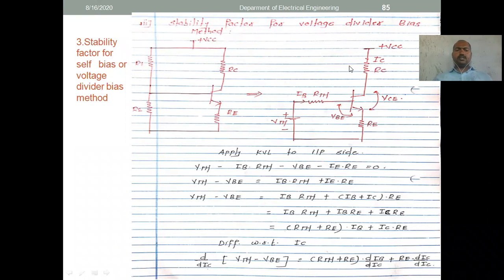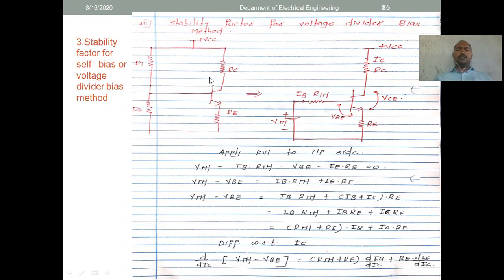Now see, this is the voltage divider configuration for calculation of the stability factor. If we look at this calculation, the analysis of this configuration is not so simple. It is hard.